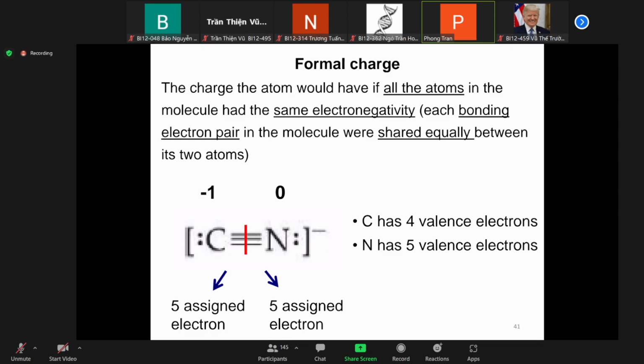But now, to calculate the formal charge, you imagine that the carbon and nitrogen have the same electronegativity. And when they have the same electronegativity, that means the covalent bond between them will be nonpolar.